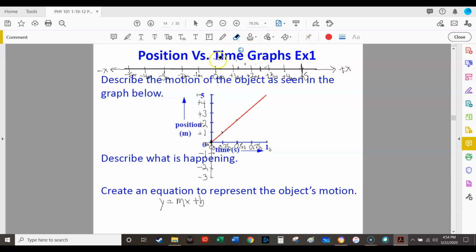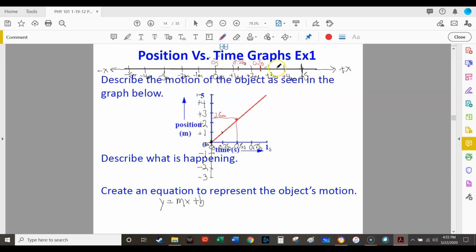So this is 0 seconds. At 0.25 seconds, it's at the 2.5 meter mark. So right here is the half second mark, and it looks like it's at the 2.5 meter mark at that point, at the 0.5 second mark.